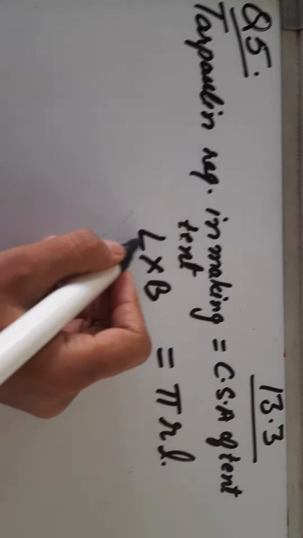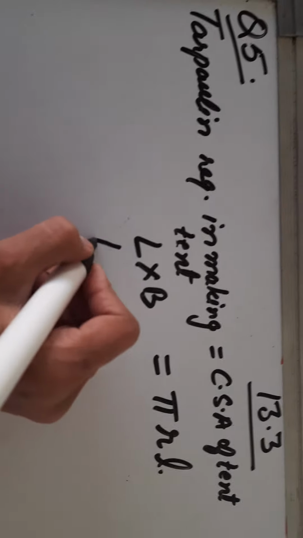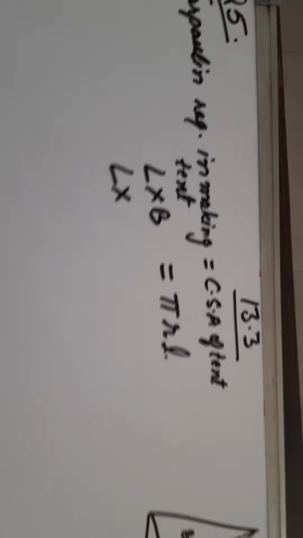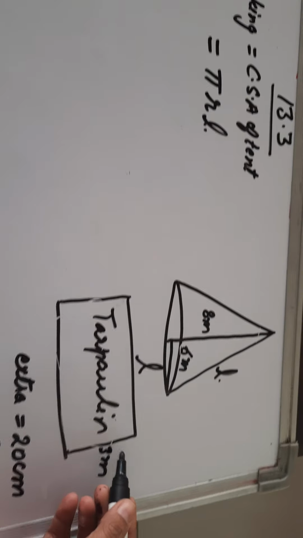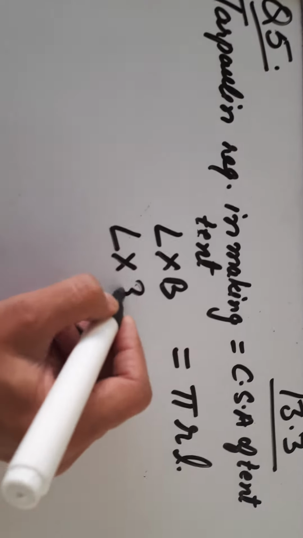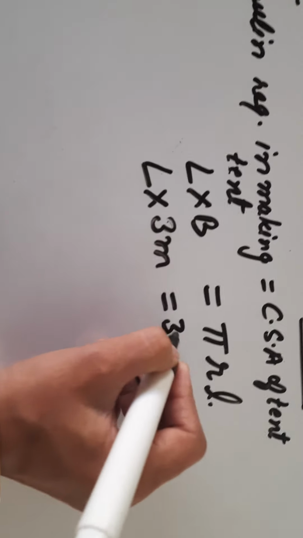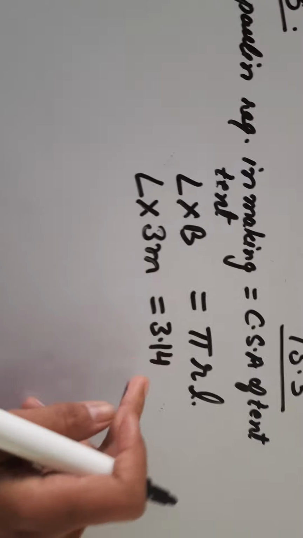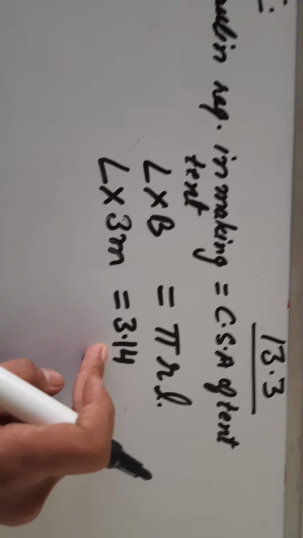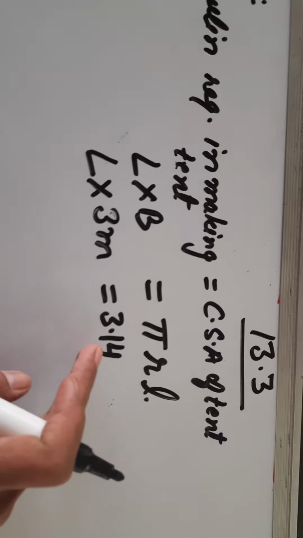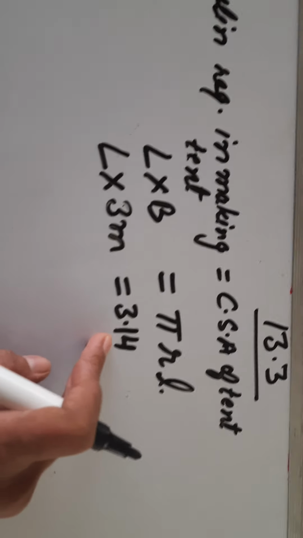Now, length of the tarpaulin we need to find out, that is not given to us, but the width of the tarpaulin is given to us, that is 3 meter, is equal to pi is given to us in the question 3.14. If you do not put this value of pi, you will not get the exact answer of the question.